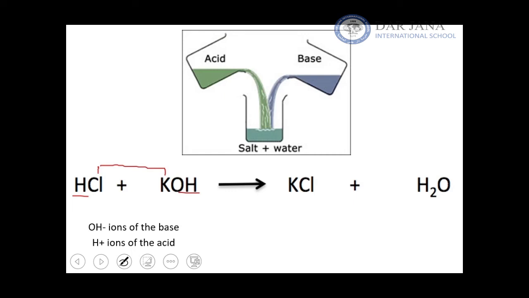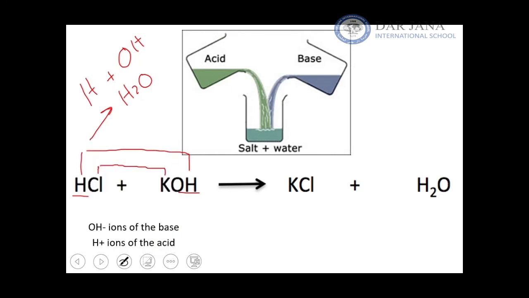In this case chlorine will combine with potassium and the far ones will combine together. So H is combining with OH, so H+ plus OH- leads to H2O, or you can simply write it without the plus and minus signs.